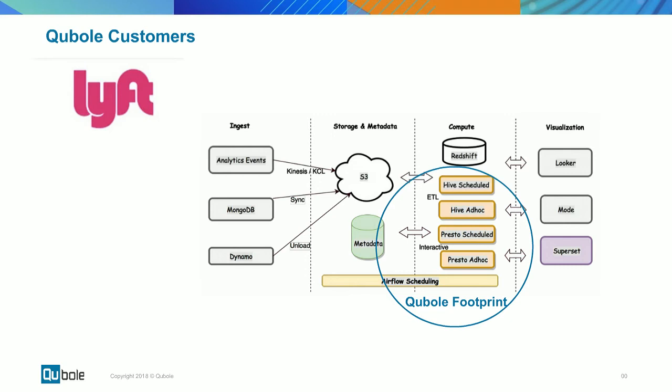So they still ingest from a variety of data sources into cloud storage, right? They still use Redshift, but in order to help them scale, they also use Hive, scheduled and ad hoc queries, Presto, scheduled and ad hoc queries, leverage our metadata store, and then they use the Airflow facility to orchestrate those pipelines, right? And now they've added some consumers to those data pipelines.